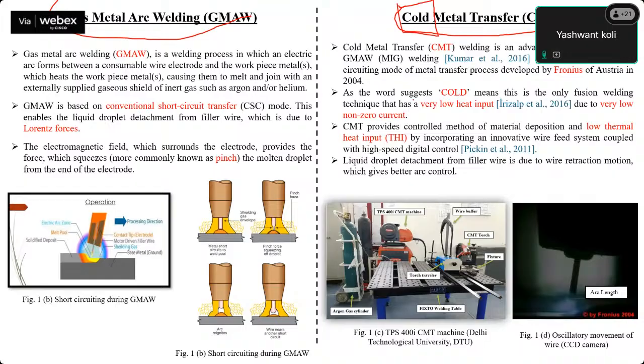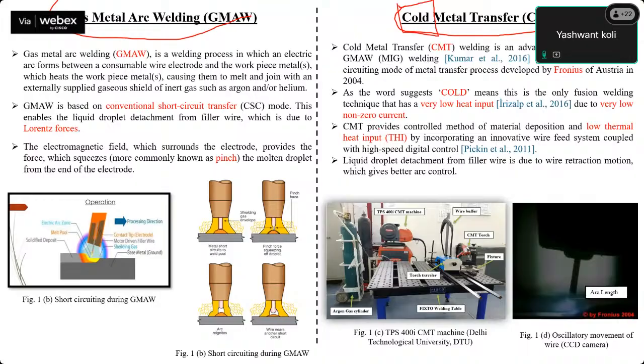As the word suggests, cold means this is a fusion welding technique that has a very low heat input due to very low non-zero current. So why is the heat input very low? As I told you earlier, during short circuiting transfer, the current and voltage waveforms are reduced as compared to GMW, which I'll show in the later slides.